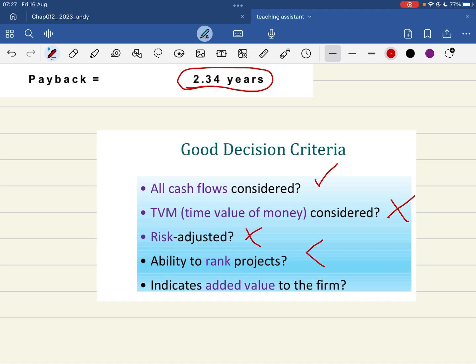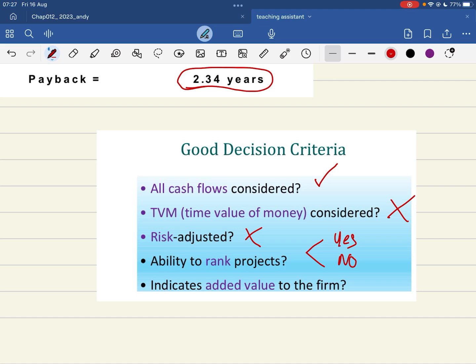Why do I say yes and no? Yes, in terms of liquidity, because you know how long it will take for your money to get back to your pocket. But no, because in reality, there are many kinds of projects that require research and development, and research and development projects tend to take a long time until you can get your money back.